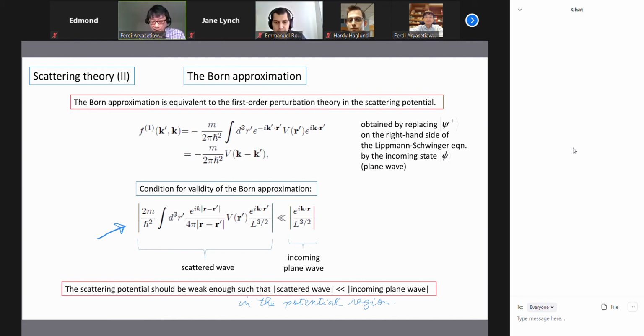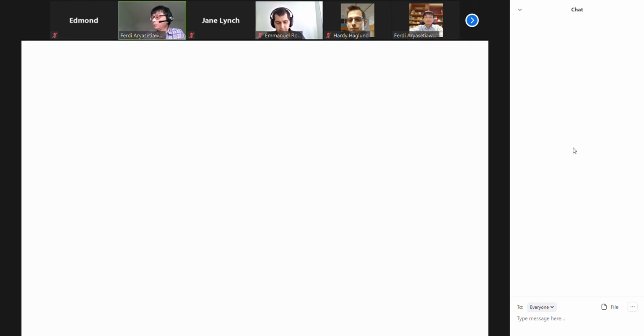So let's consider now an example. One common potential that is used to model a nucleus or an atom is the Yukawa potential.